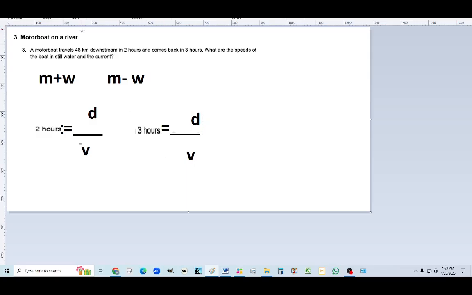Fortunately, our distance in these questions is always the same, which is why if you'd rephrased it in terms of distance, you'd have an easier time. But that's what I did when I first solved them. With the wind goes with the shorter time. Against the wind goes with the longer time. And we do the same thing.